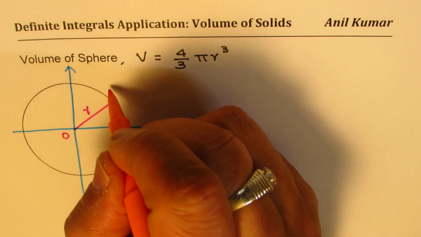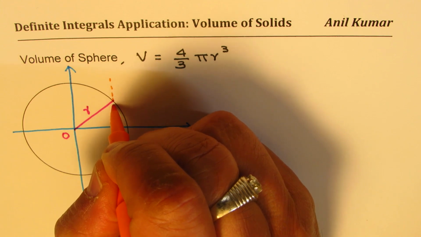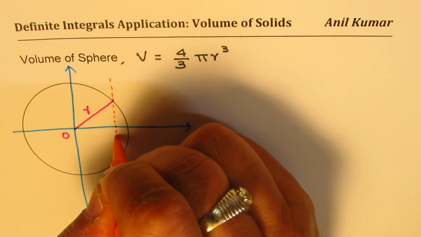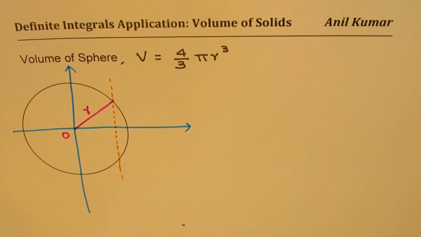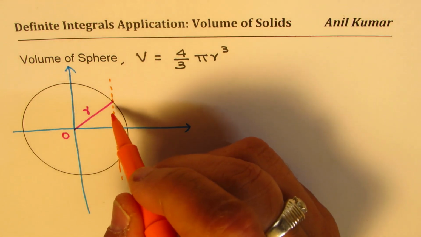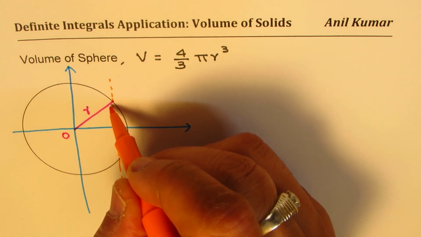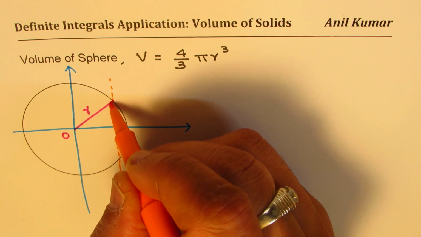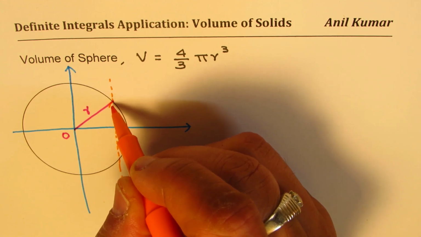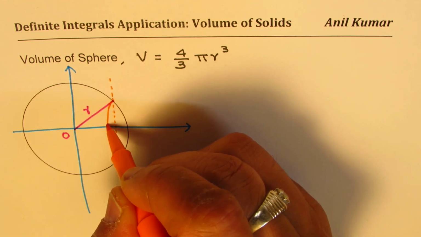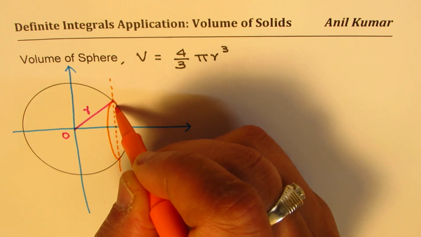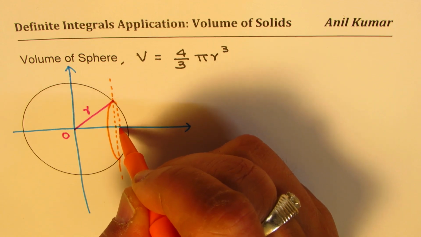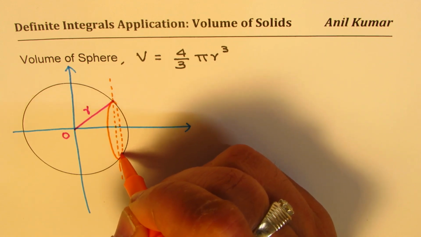Now let us say we slice the sphere with a plane through this point. If we cut a slice out of the sphere, how will it look? Well, it will definitely look like a circular disc, right? So it will look like a circular disc, which could be shown like this. Correct?